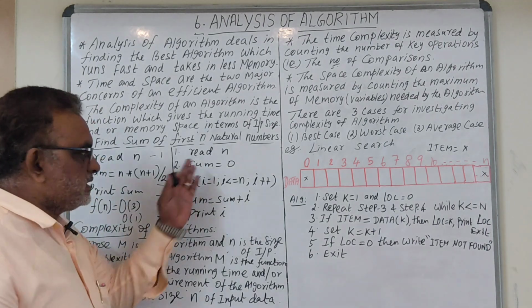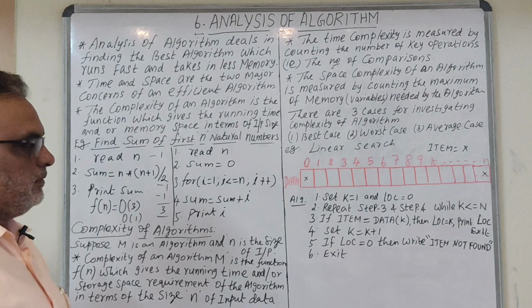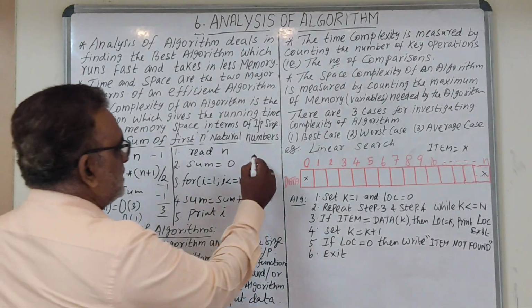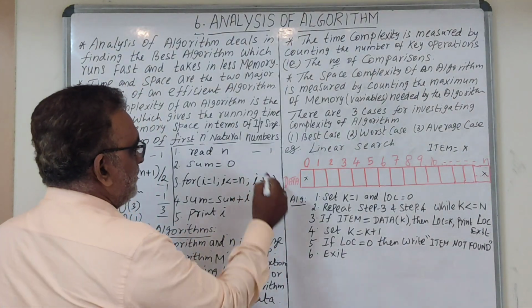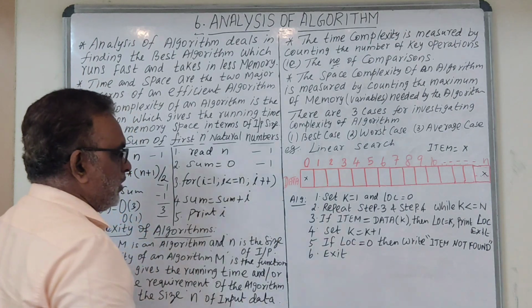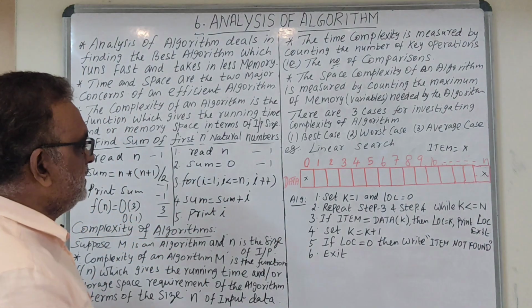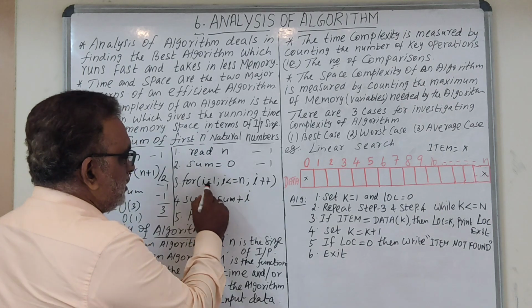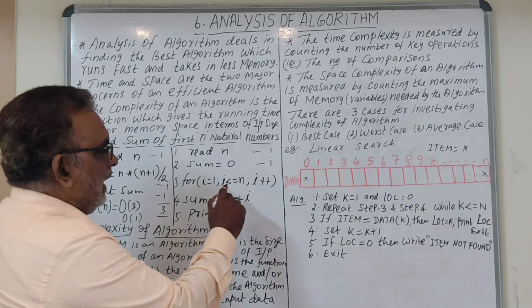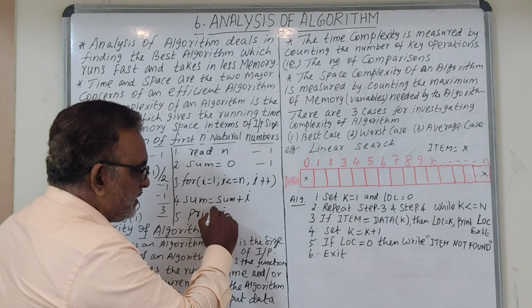Similarly, take this particular algorithm in which this statement will be executed one time, and similarly this statement will be executed one time. But as far as the for loop is concerned, initially you take the value i, and this particular statement is executed.